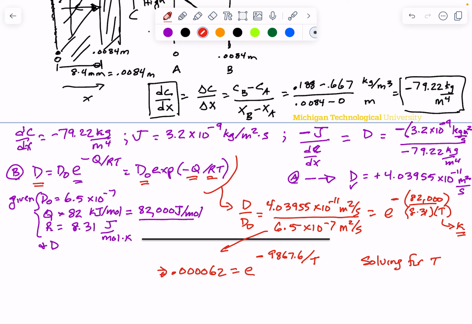So what I'd like to do is take the natural log of that, and then that will equal the natural log of that.